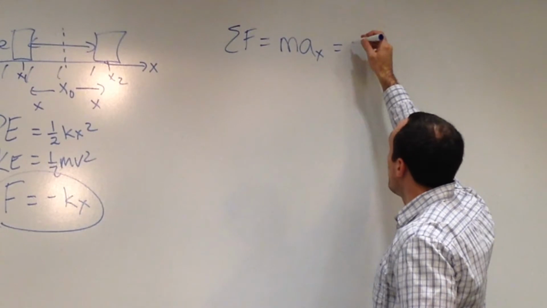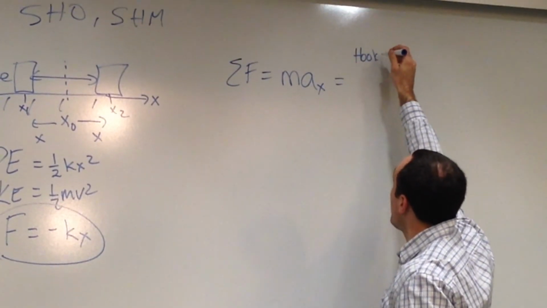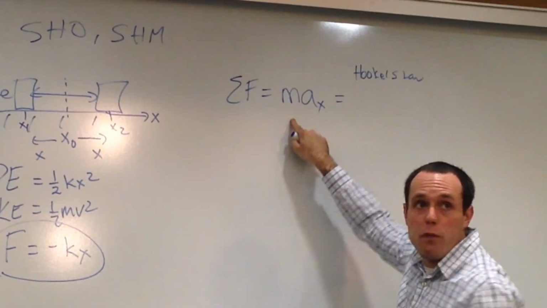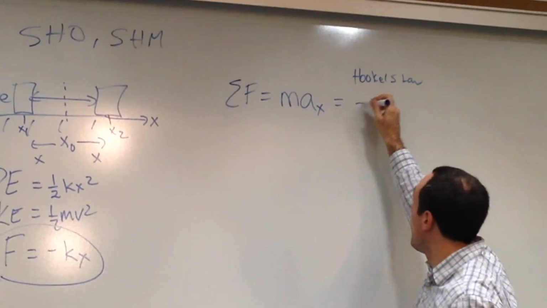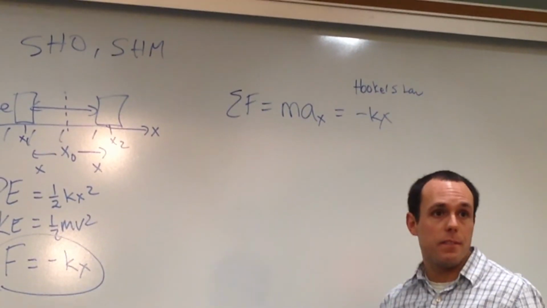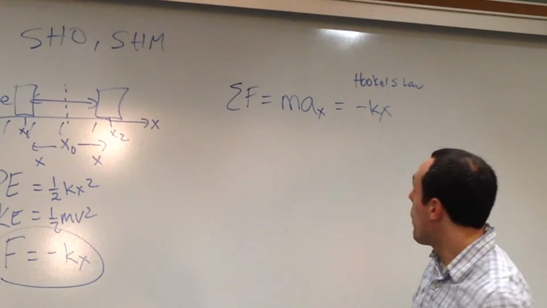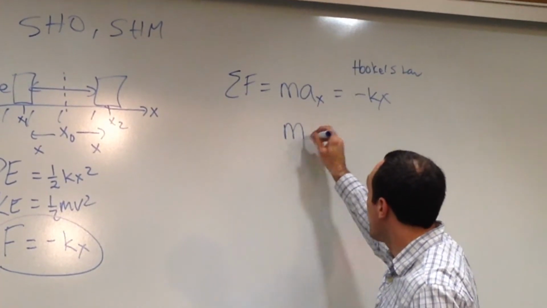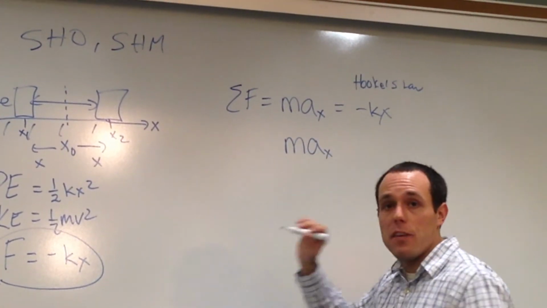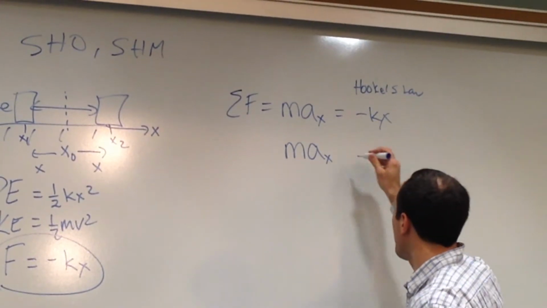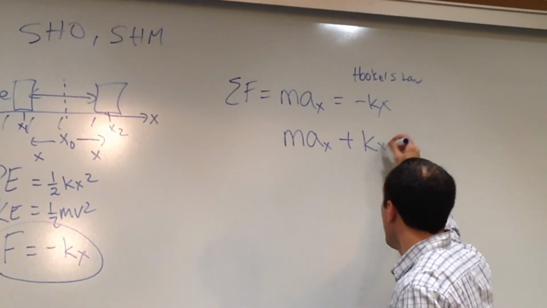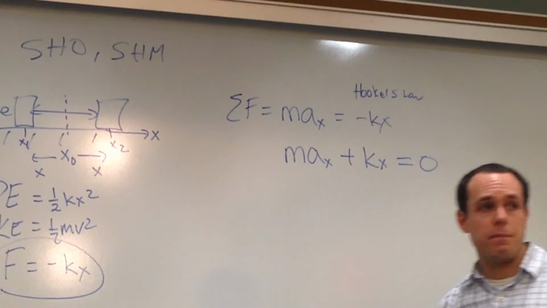And this is equal to the force that's actually creating it, Hooke's law. So the general force law is equal to the specific law, minus kx. That basically says the mass m multiplied by its general acceleration, a of x, plus kx is equal to 0.